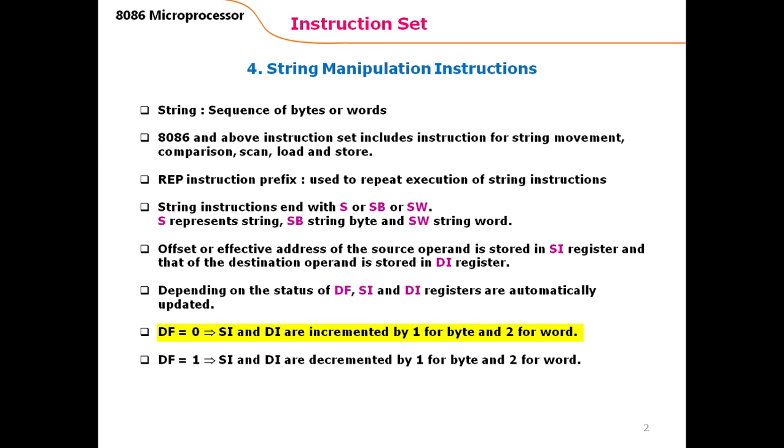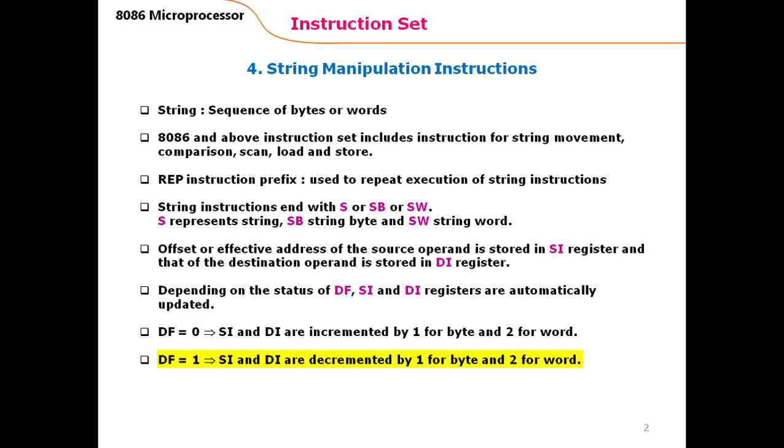For example, if the string instruction is operating on a single byte, then SI and DI would be incremented by 1, and if the data is a single word of 2 bytes, then SI and DI are incremented by 2.